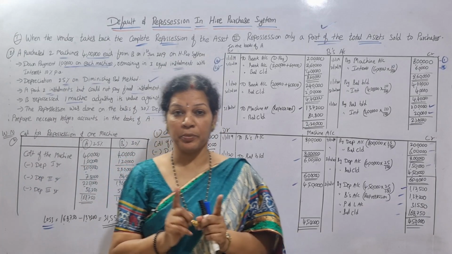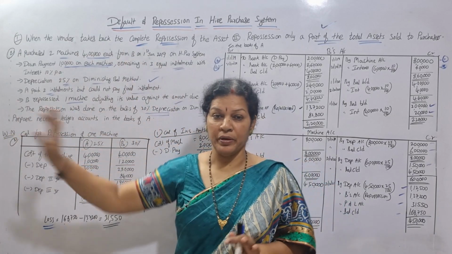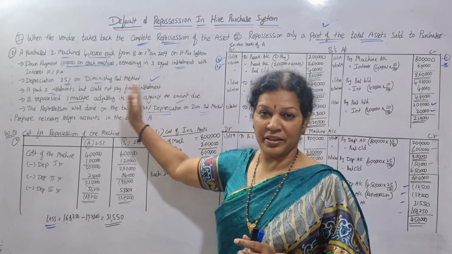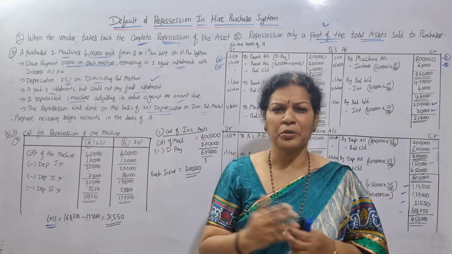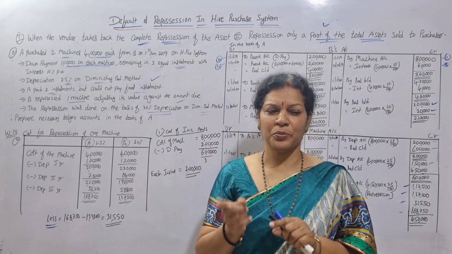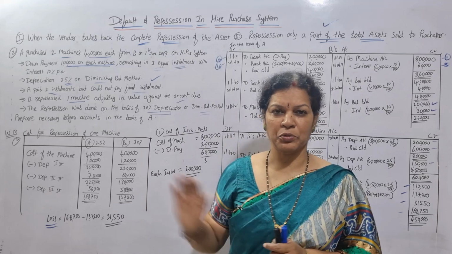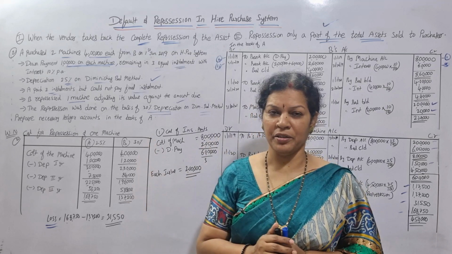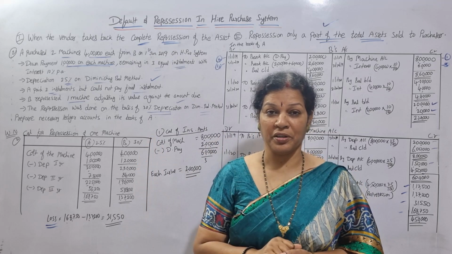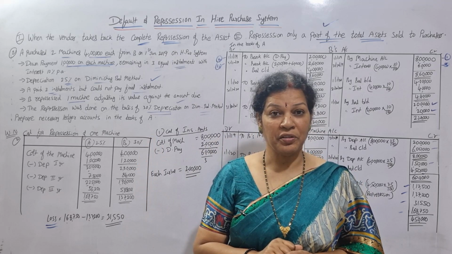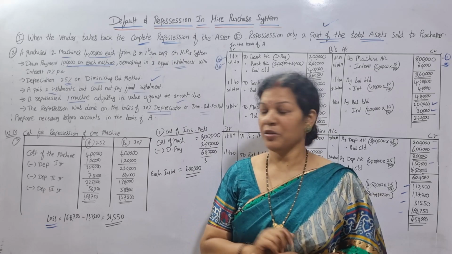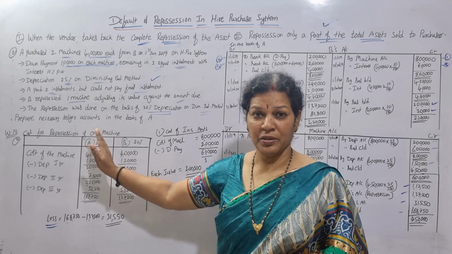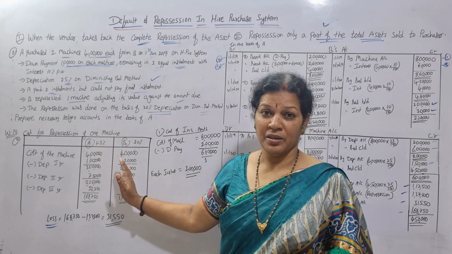Whenever you get this kind of problem, read the problem carefully. What is given, as I have underlined, in the same way underline and see what is given to us. You have to talk to yourself. Now in this problem, the installment amount is not given, so I have to calculate it, and also two depreciations are there. Two depreciations of the repossessed asset only will be calculated. So for the repossessed asset, as per A 25%, as per B 30%.